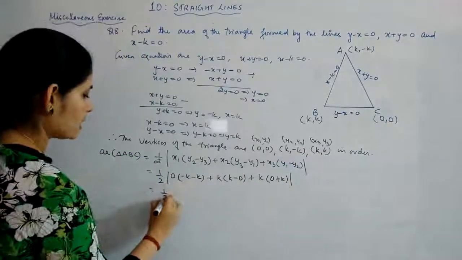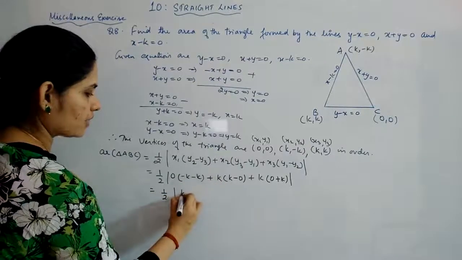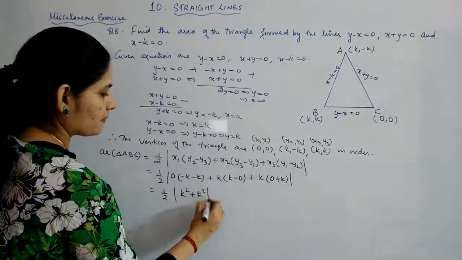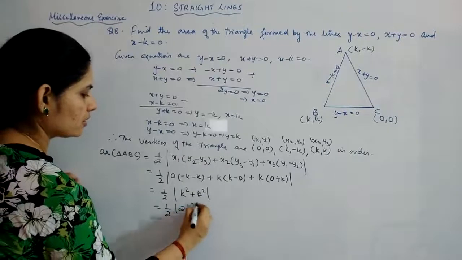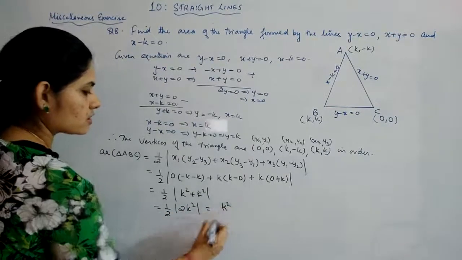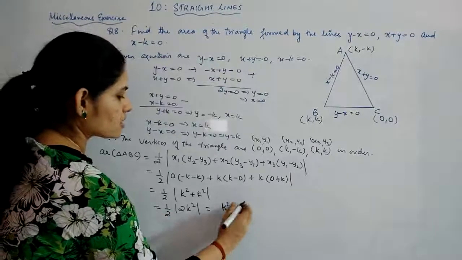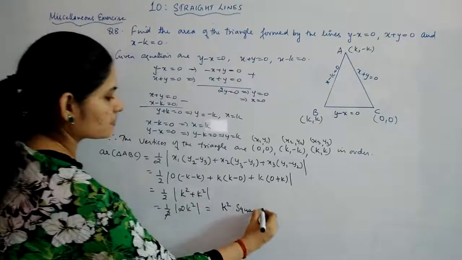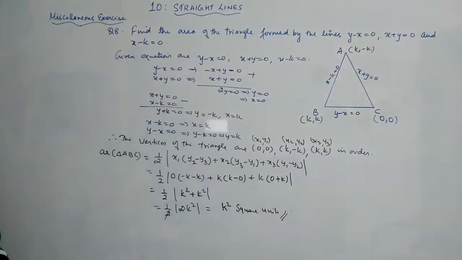So here you are getting half into modulus, this will go 0, here you will have k into k, k square, here again k into k, k square, which is equal to half into mod 2k square, or mod k square, that is you are just taking the positive value, k square square units, okay. This gets cancelled, okay. So that is the area of the triangle.